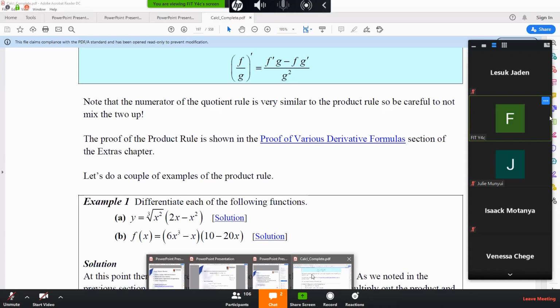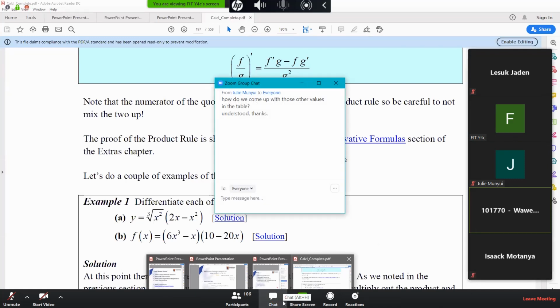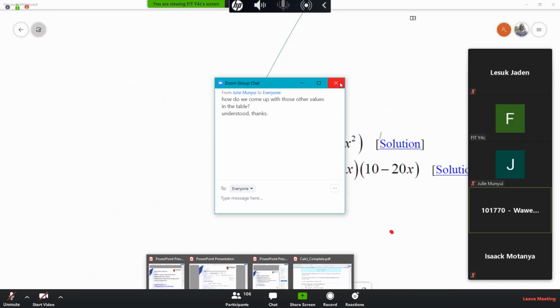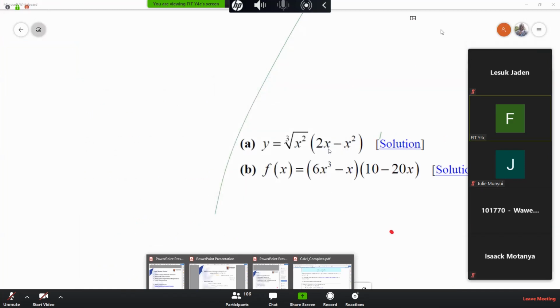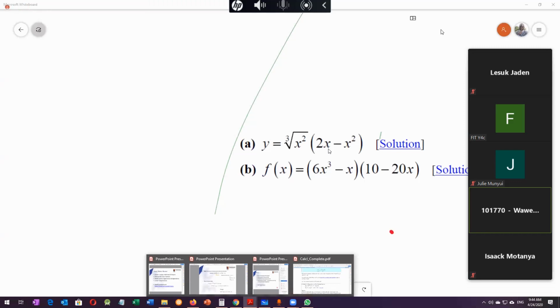Oh, you have a feedback. Yes, this is what I got: negative 2x cubed plus 10x to the power of 2 over 3.